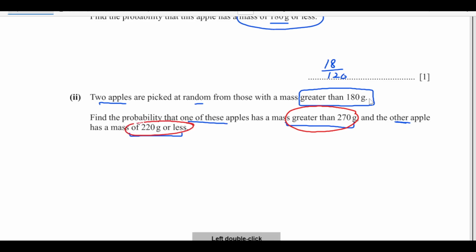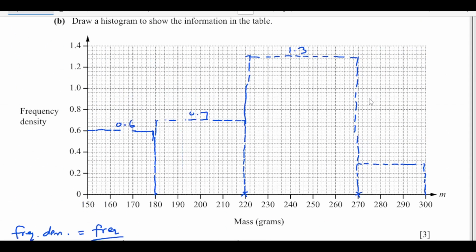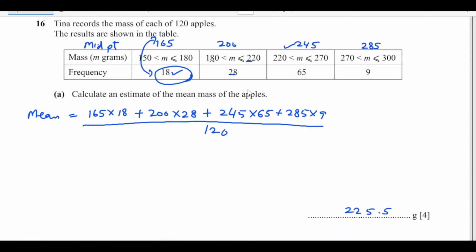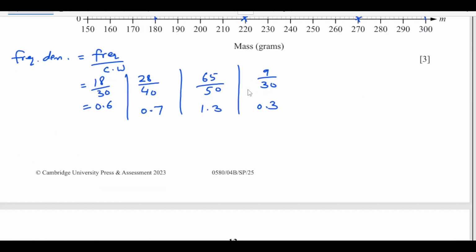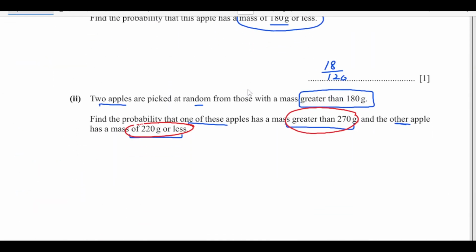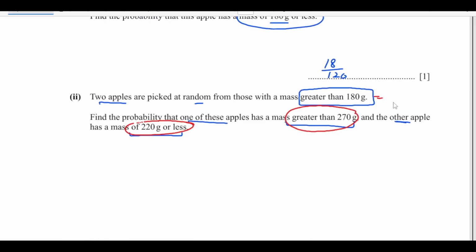So first of all we will go for this greater than 180. Greater than 180 is all these 28, 65 and 9. So we are looking for this total 28, 65 and 9. So this total is going to be 28 plus 65 plus 9, this is 102, right?